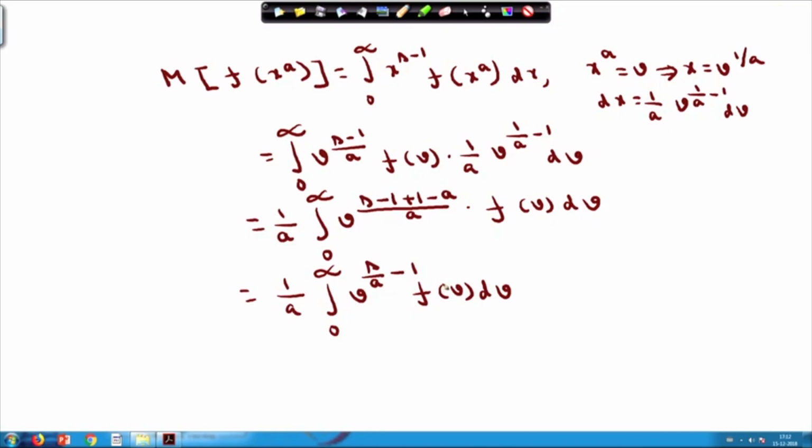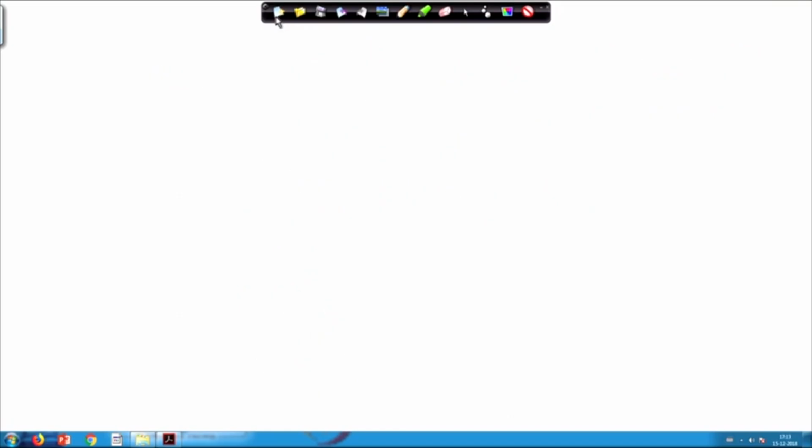So this equals 1 by a f bar s by a. And this completes the proof that the Mellin transform of f of x to the power a is 1 by a f bar s by a.